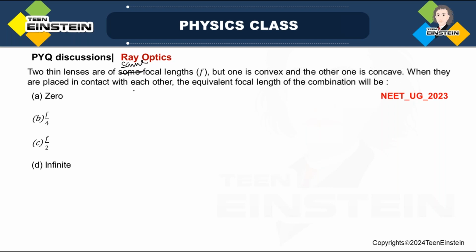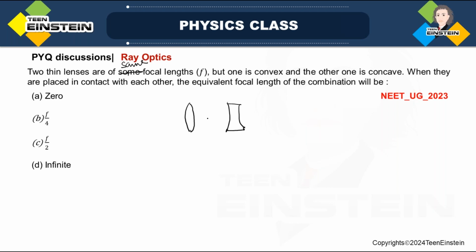When they are placed in contact with each other, what is the equivalent focal length of the combination? Both have equal focal length, one is concave, another one is convex. That is the question.